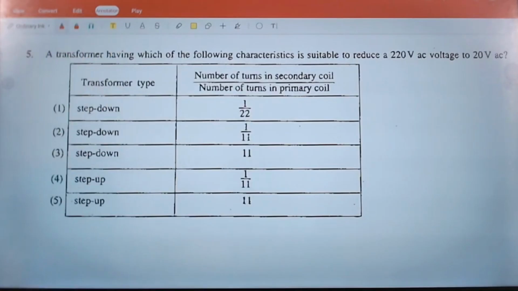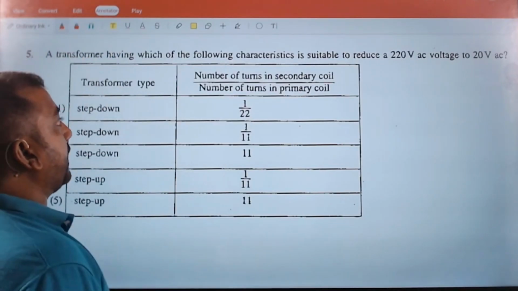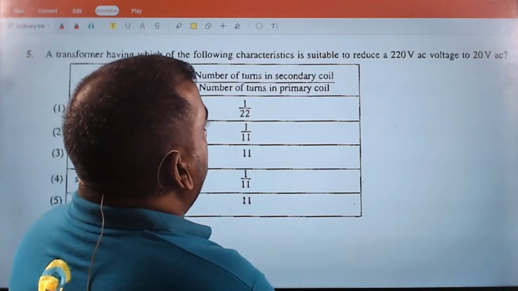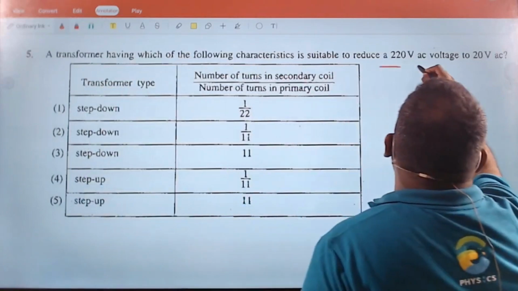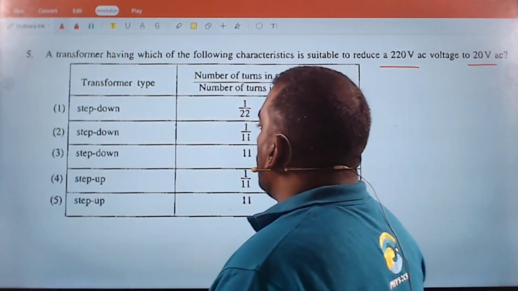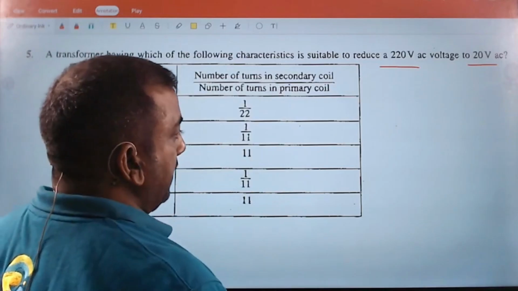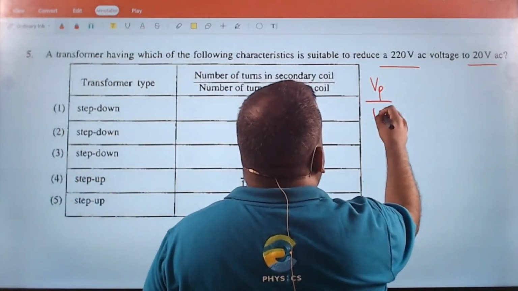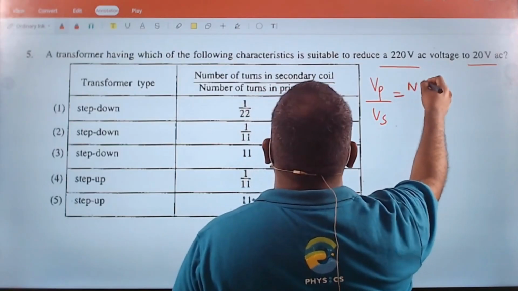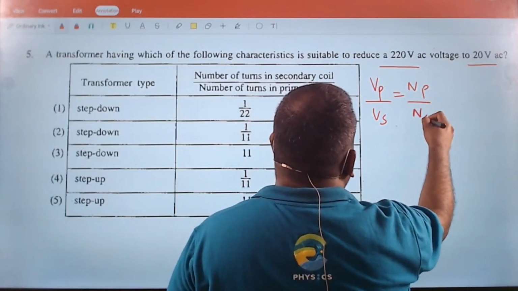Question number 5. A transformer having which of the following characteristics is suitable to produce 220 volt AC voltage? So there is a voltage reduction, 220 volt to 20. So step down. So Vp over Vs equals Np over Ns.